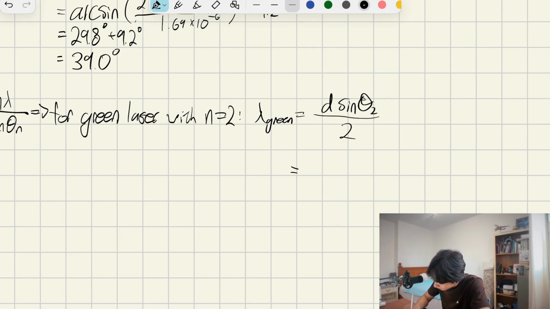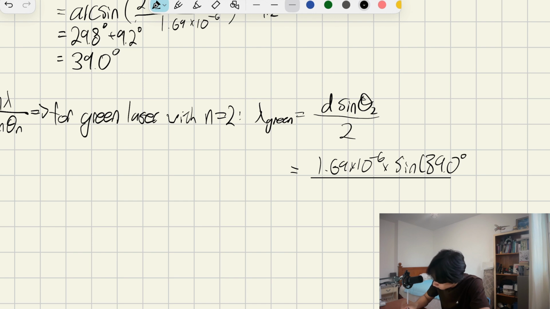And we can say, since d was 1.69 times 10 to the power minus 6 times sine of, we found 39.0 degrees, right? Over 2, which must equal 1.69 times sine of 39 degrees.